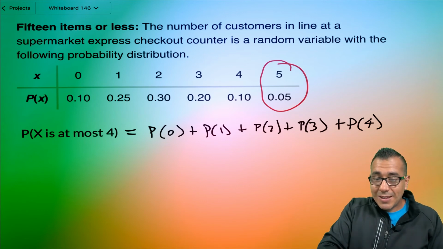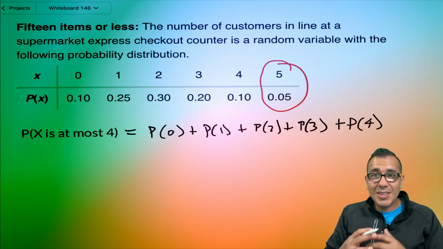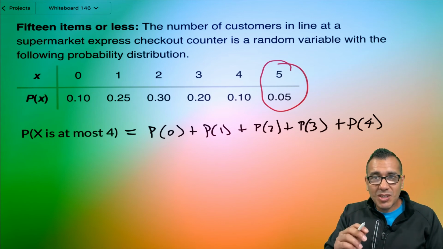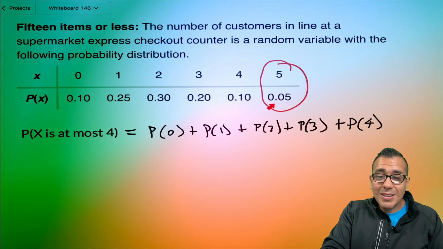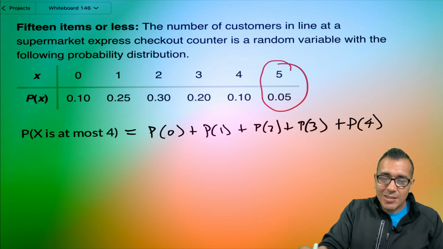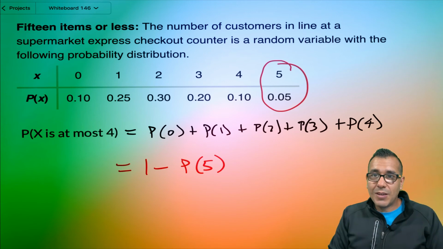So can you add up all these? Absolutely. But again, using this idea of complements, wouldn't it be much easier to take that total probability of 1 and subtract the one that we don't want? And in my eyes, that's much easier. So this is going to be the same thing as 1 minus the probability of there being 5 customers in line.